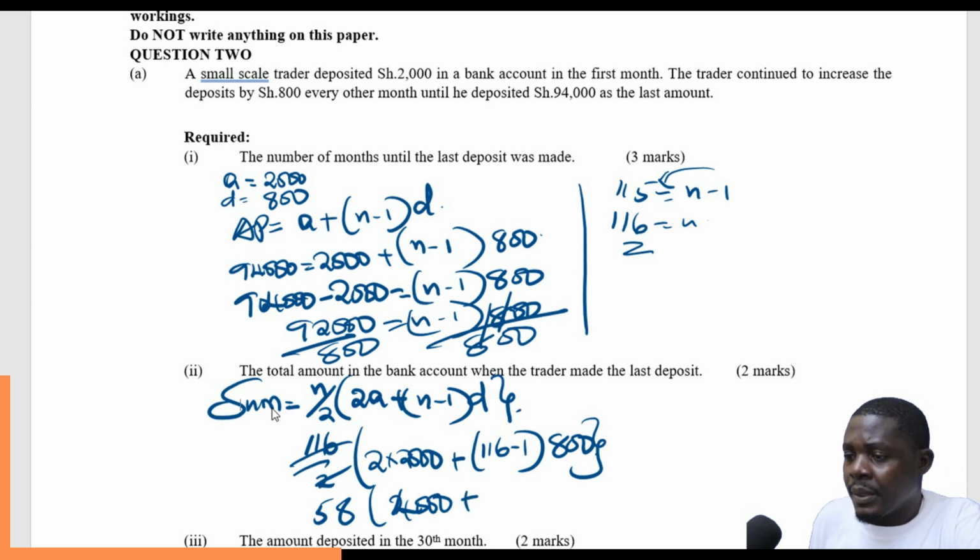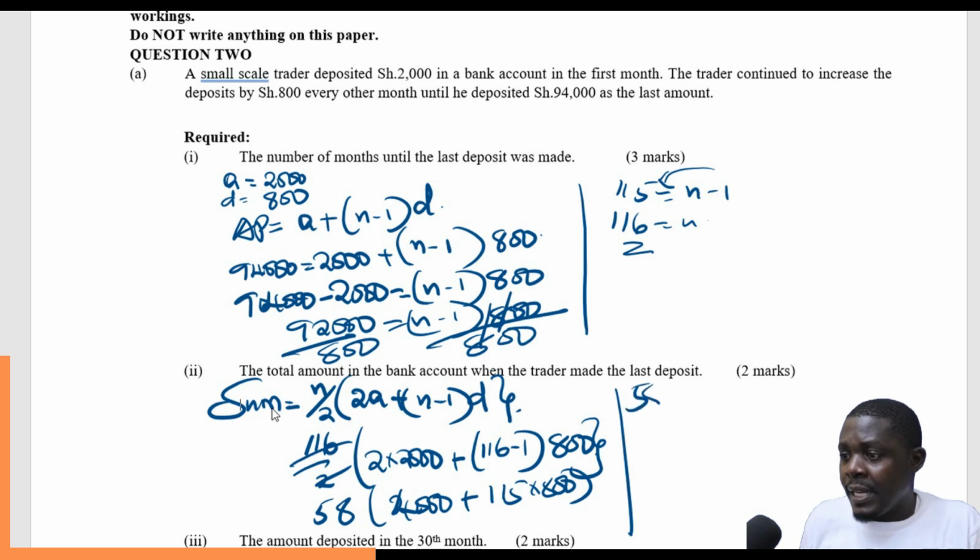plus 115 multiplied by 800. Let me see. 115 multiplied by 800 is 92,000, plus 4,000, we have 96,000. That is 58 multiplied by 96,000.